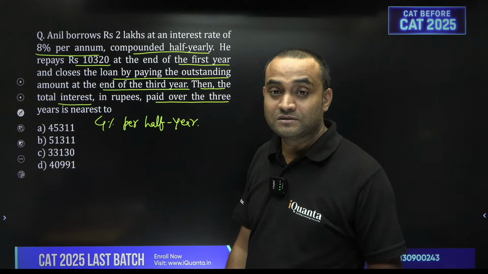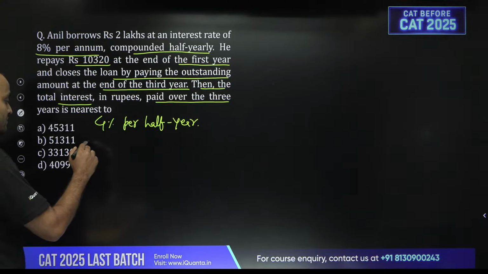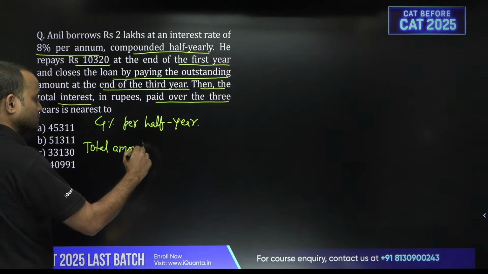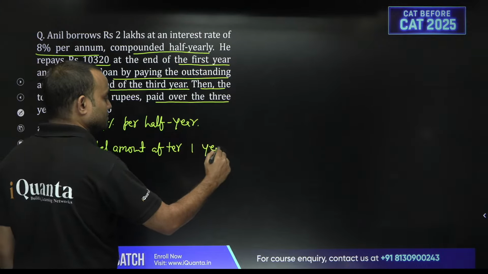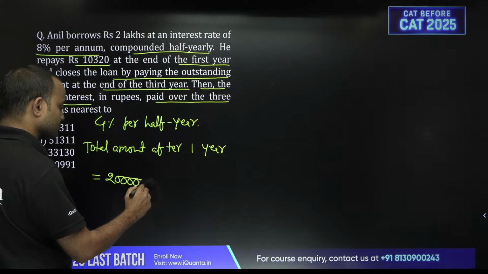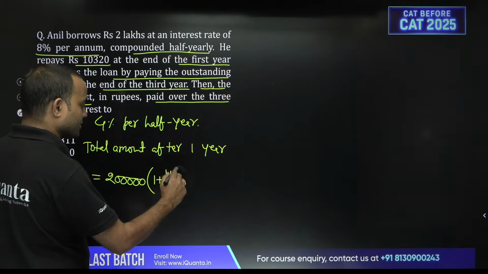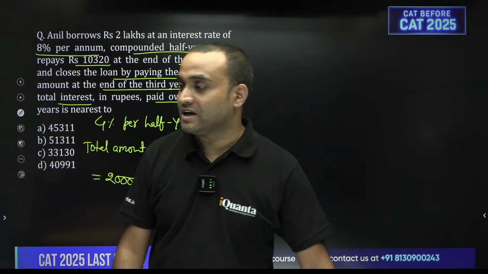So we need to find the total amount after 1 year. This will be equal to 2 lakhs into (1 plus 4 by 100) squared, right?